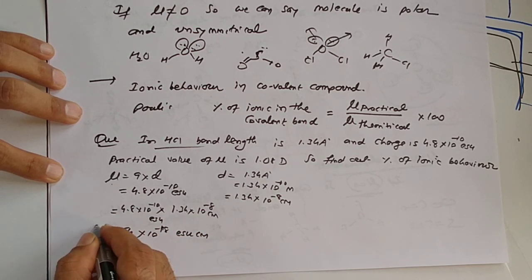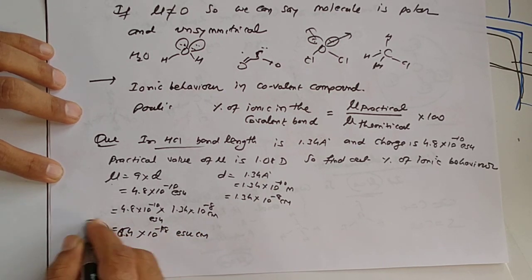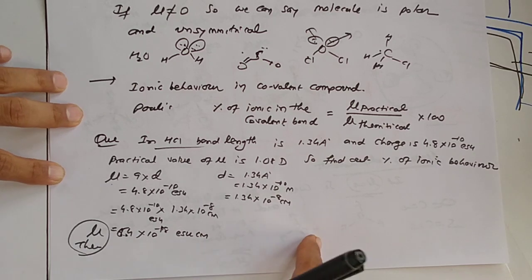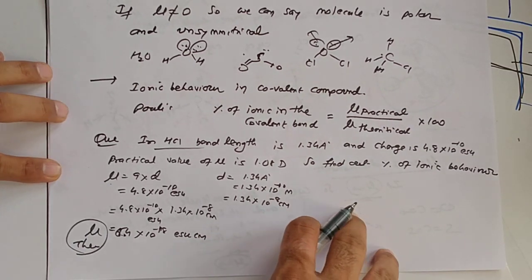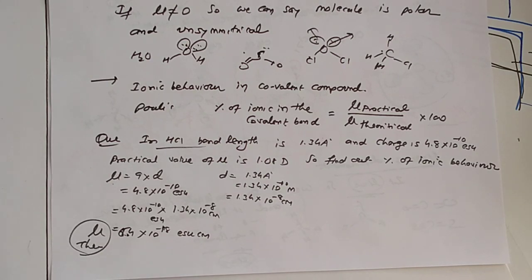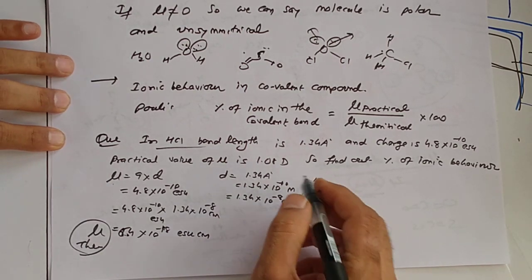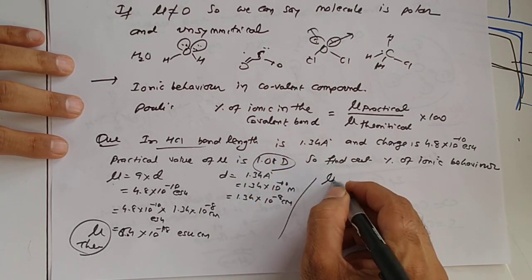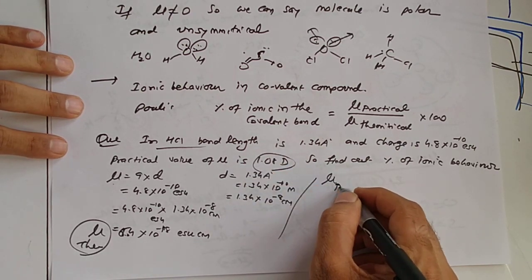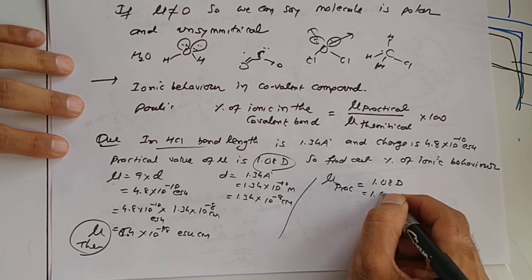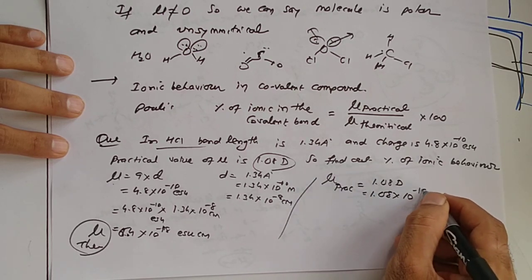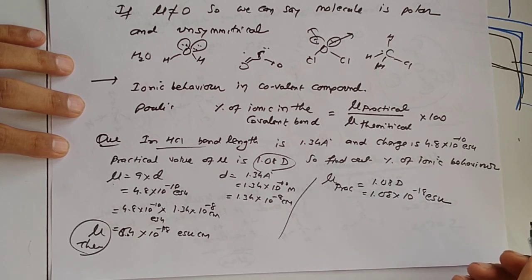This is our theoretical value. In the question the given value is the practical value, given in debye. So nothing else, we have to multiply by 10 raised to minus 18.